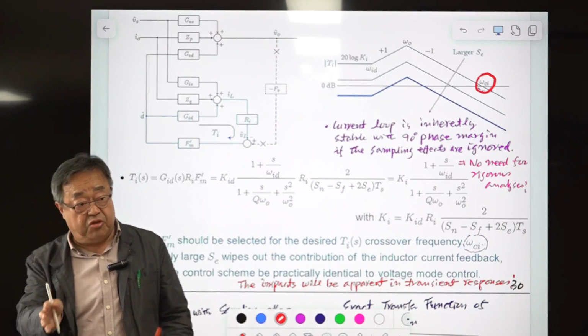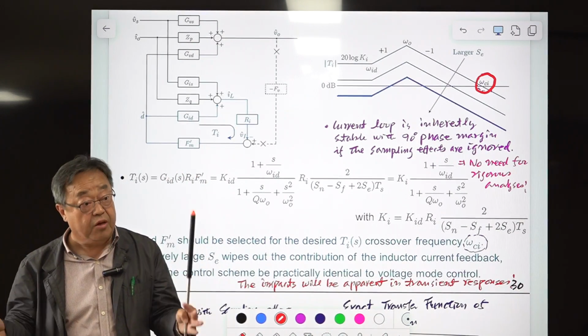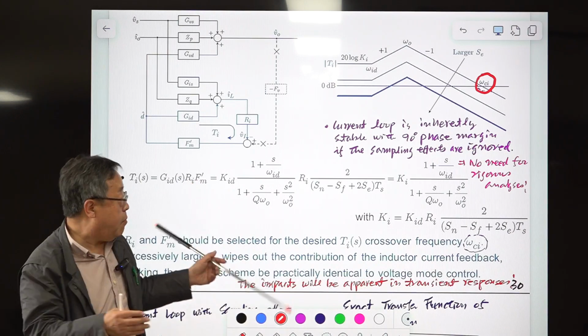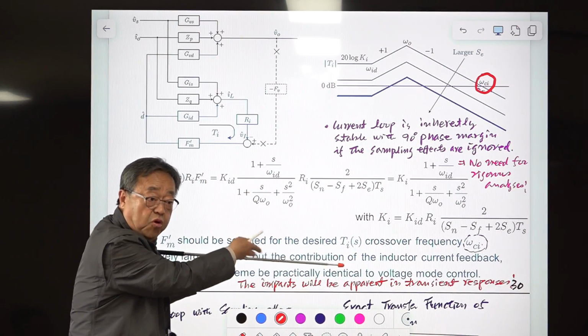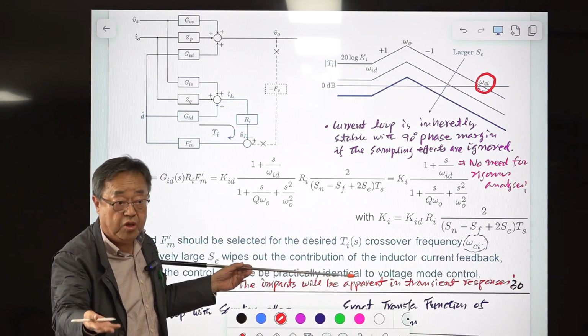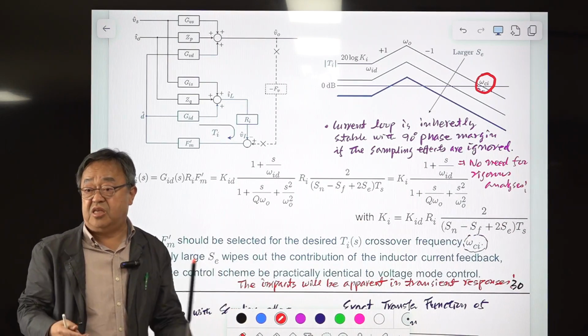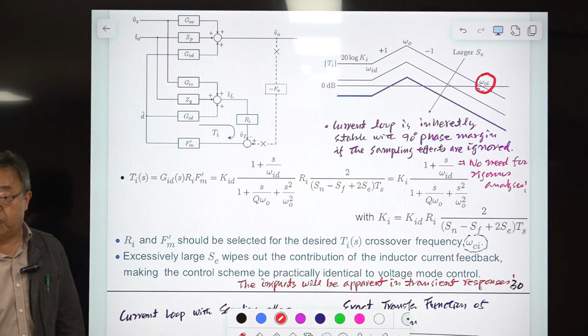We will be discussing the detailed shape, structure and dynamics of current mode control later. For this case, the response of your converter will be way different from the prediction of current mode control. This Se is too large, and I'm just using voltage mode control.